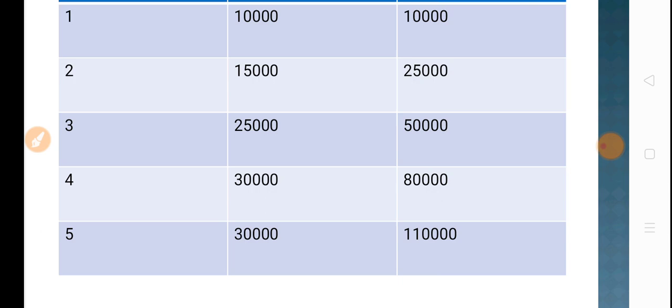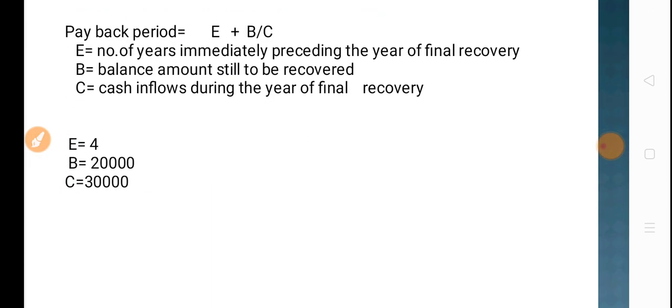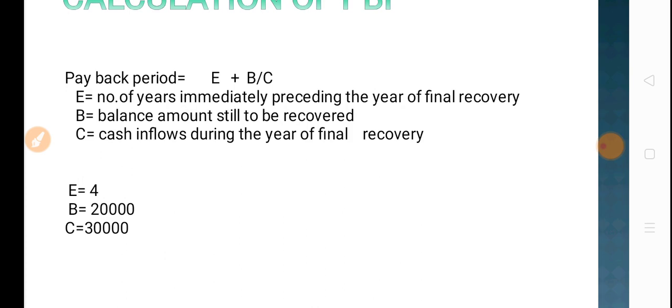That will be recovered in the 5th year. So we want to take the year before the final recovery. Here it will be 4 years. We can take E as 4 years.